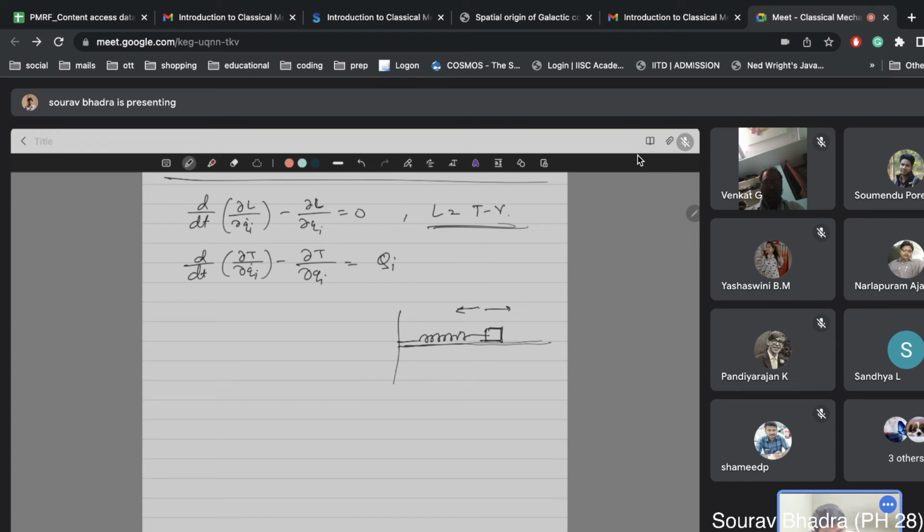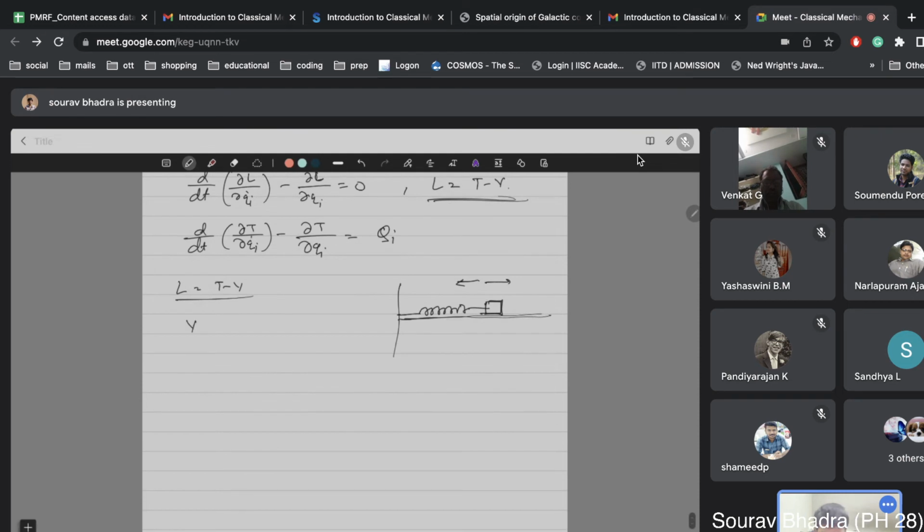First we will calculate L, which is T minus V. V, the potential energy, is minus the integral of F dot dr. Here the force F is proportional to Kx, where K is the spring constant, and this force always acts opposite to the displacement, so there is a minus: F is minus Kx.